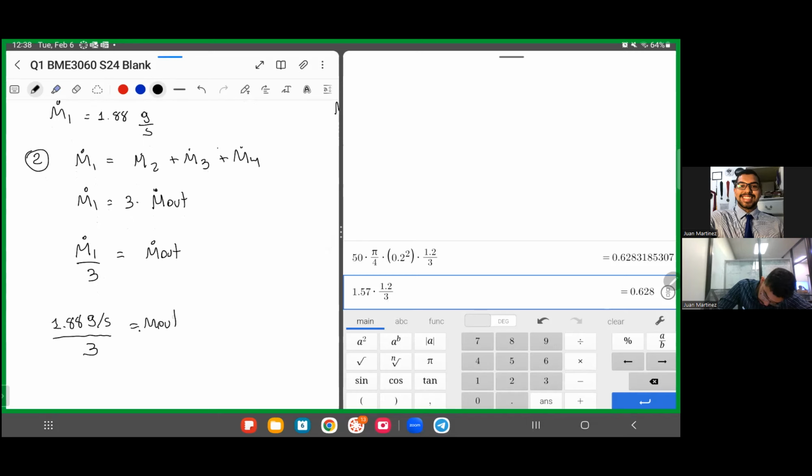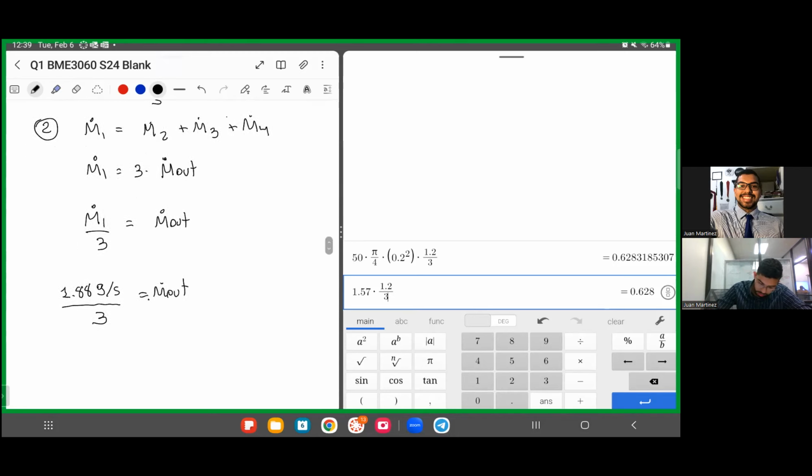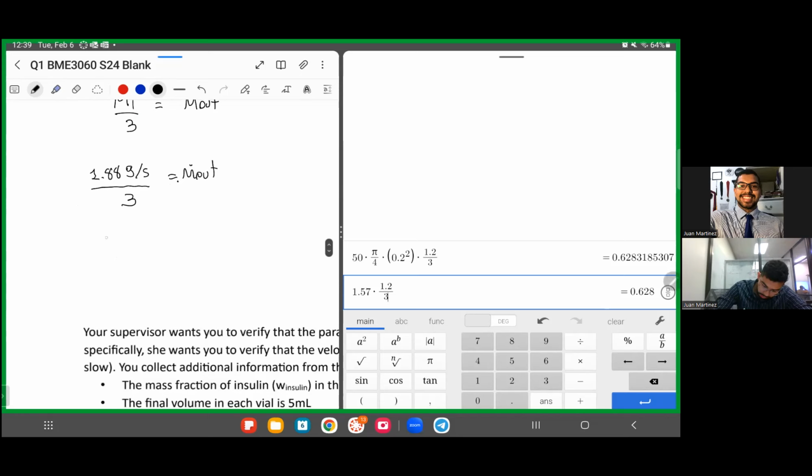What I'm trying to showcase here is that I know there's math you can do in your head, and you feel like you can just put the answer, but I would advise you to add as much detail as you can. So the final answer should be 0.63 grams per second is equal to M out.